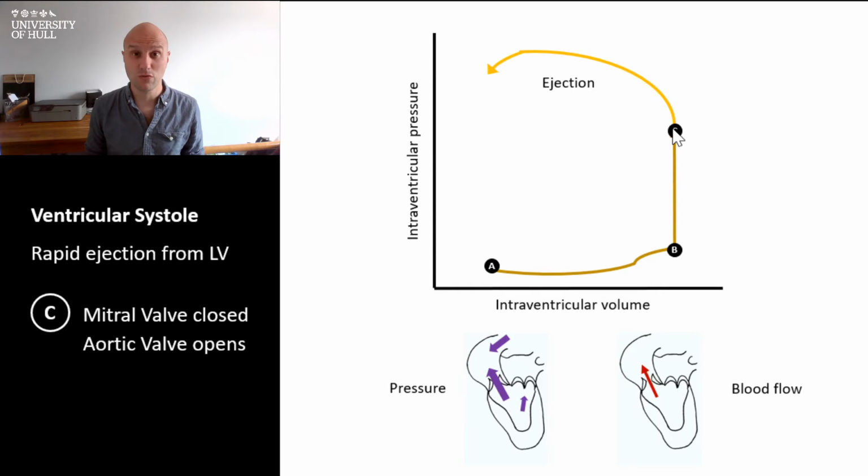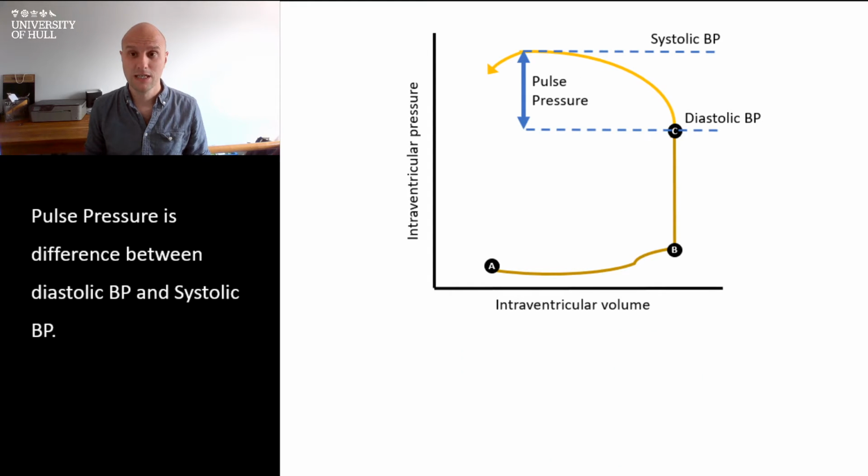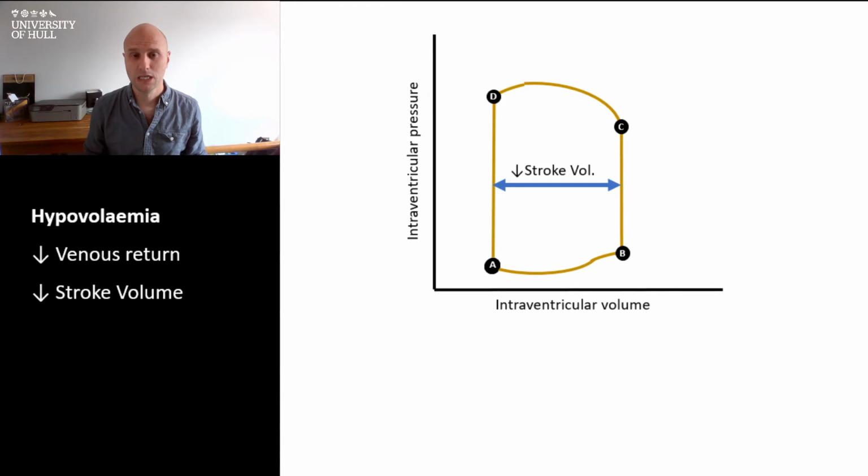As you'll recall from that previous teaching as well, the point at which the aortic valve opens is our diastolic blood pressure when we're thinking about pressures, and the peak pressure that's reached during contraction is our systolic blood pressure, and our pulse pressure is the difference between those.